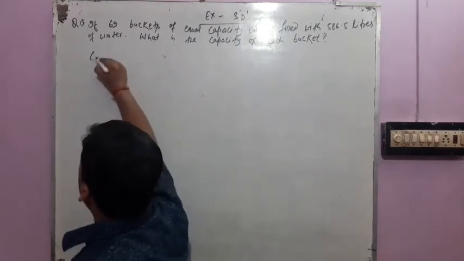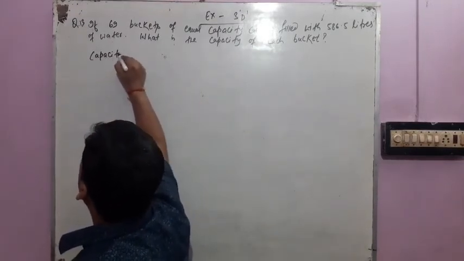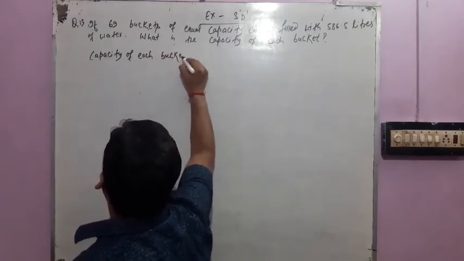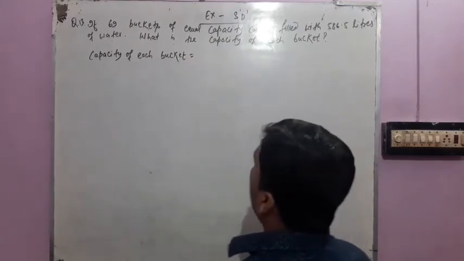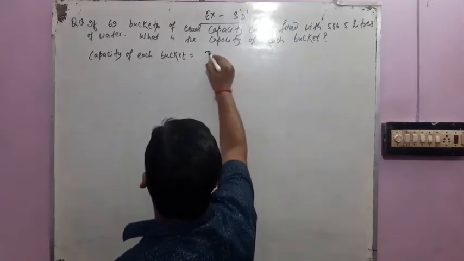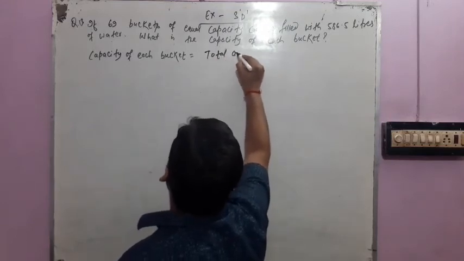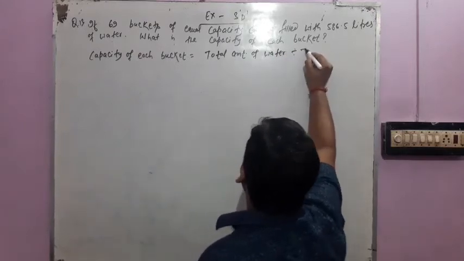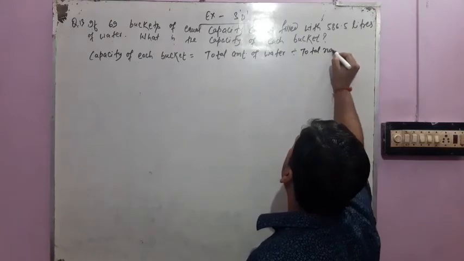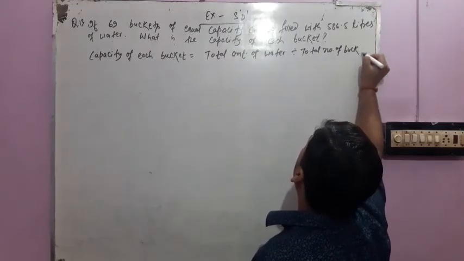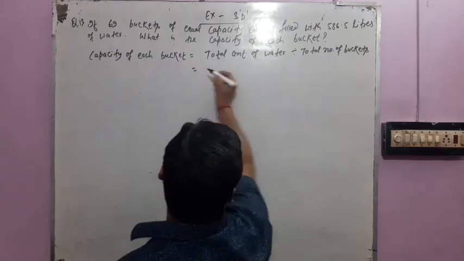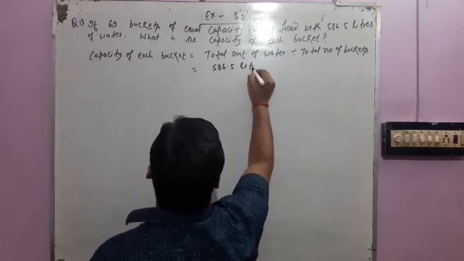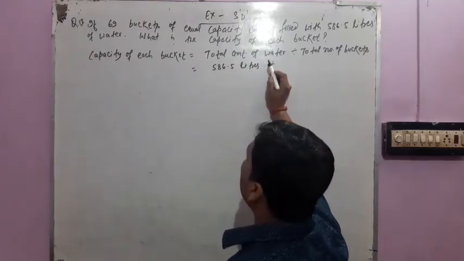So the capacity of each bucket is equal to the total amount of water divided by the total number of buckets. The total amount of water given here is 586.5 liters, that is divided by the number of buckets, here 69.